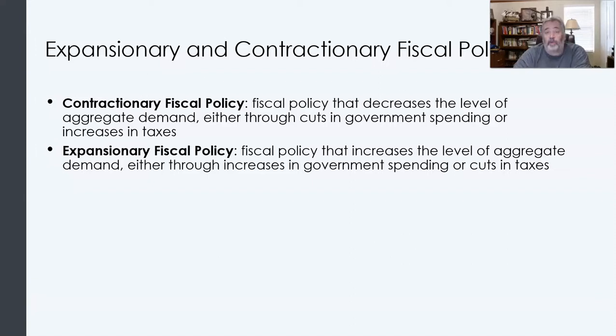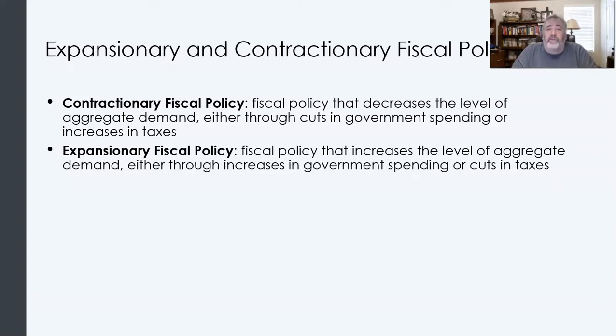Contractionary, expansionary. If the economy is growing too fast, we have what we call demand-pull inflation, right? In other words, there's too much money chasing too few goods. The economy is growing faster than what you want. Contractionary fiscal policy would, at least in theory, fix this.